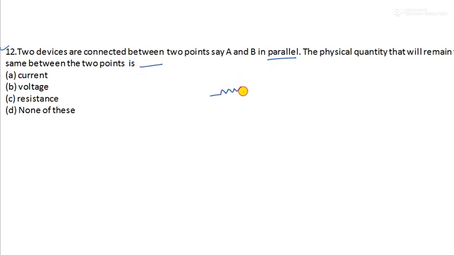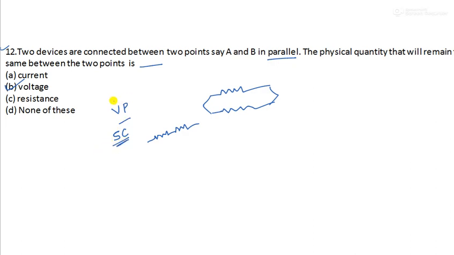For a parallel connection, what remains same? It is voltage. Remember this. Voltage remains same for parallel connection, and for series connection, current remains the same.